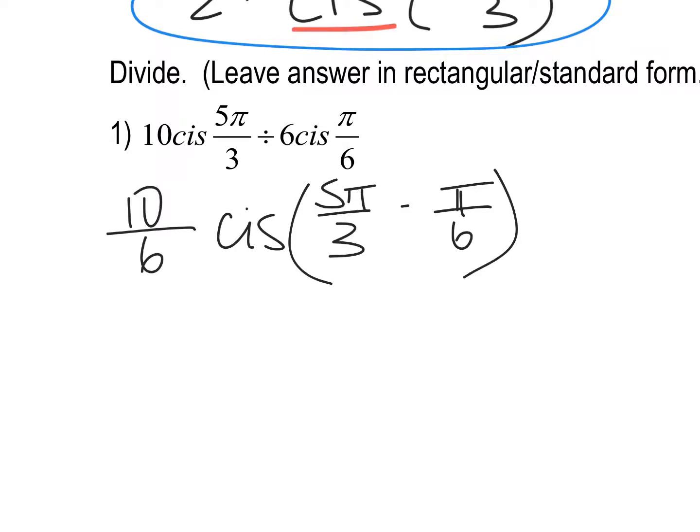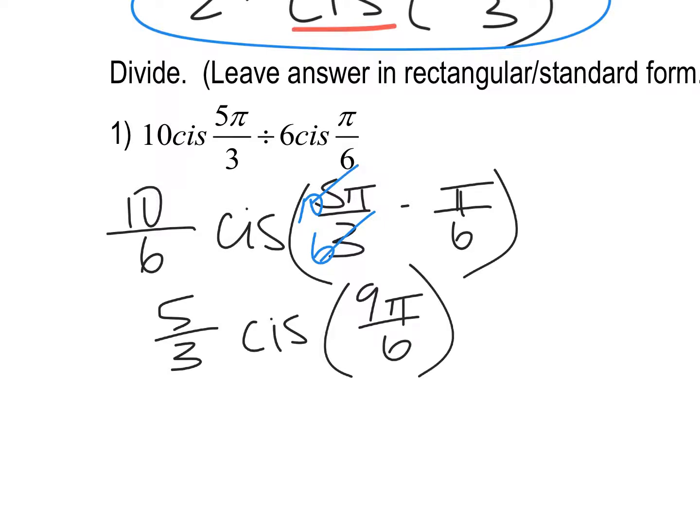And again, I can make a common denominator here so that I can subtract them easily. So 10 divided by 6 gives me 5/3. And then 10 pi over 6 minus pi over 6 is 9 pi over 6, which reduces, dividing everything by 3, to 3 over 2.